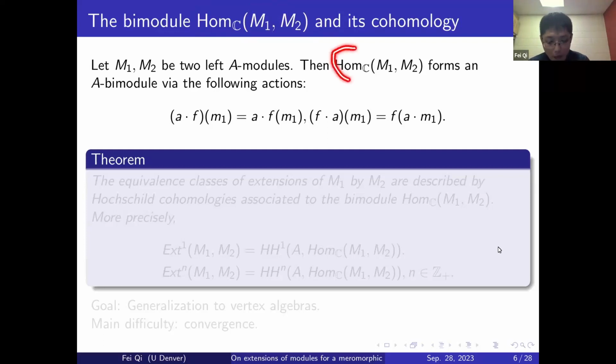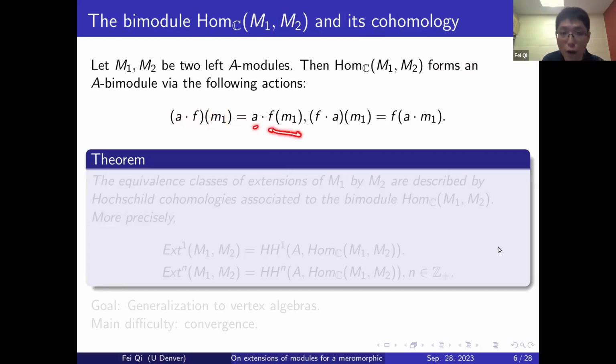Then I can make this space a bimodule using the following actions, and the actions are defined in the most obvious way. I will let A act on F from the left by simply sending M1 to a left action on F of M1.